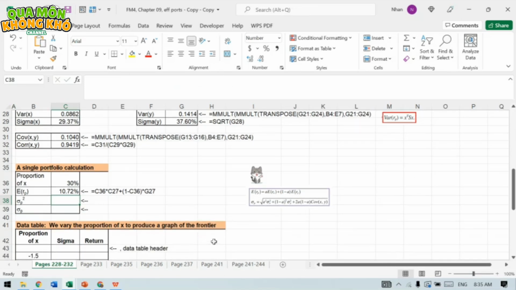And I use the formula to calculate the variance and the standard deviation.